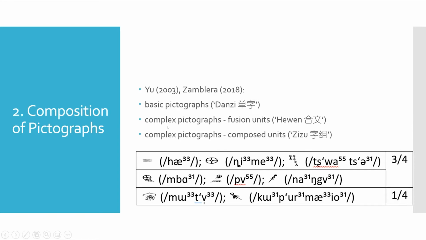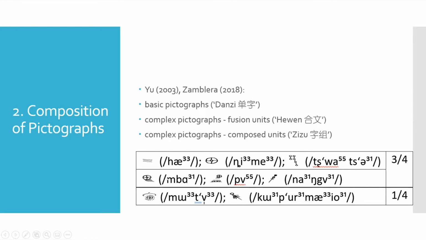And the complex pictographs with fusion units, where some additional components are added to the basic pictographs. However, the word they represent still contains only one morpheme.